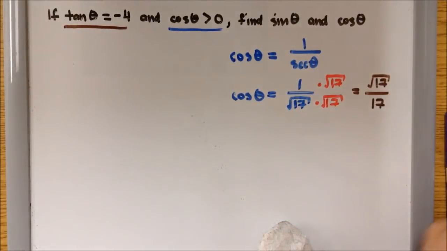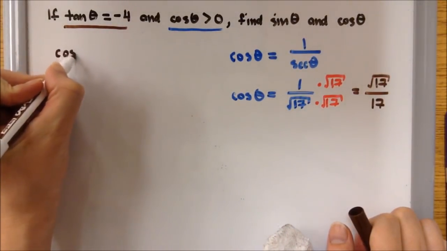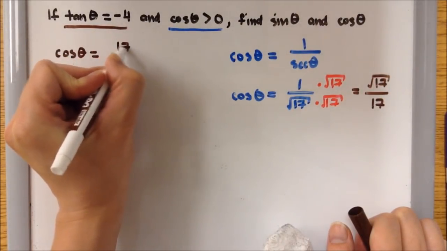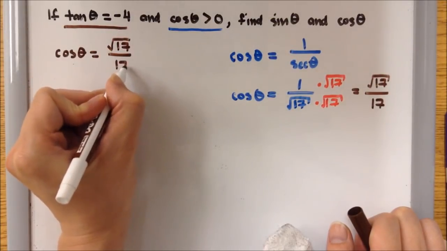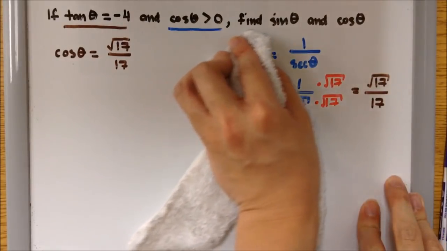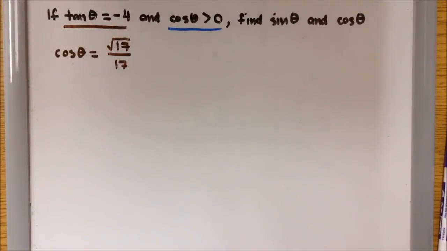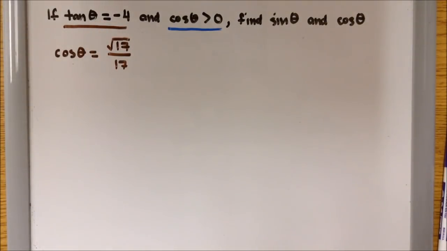So let me write out the value of cosine theta. Alright, in order to find the value of sine theta, we're going to use the quotient identity because now we know the value of tangent and the value of cosine.